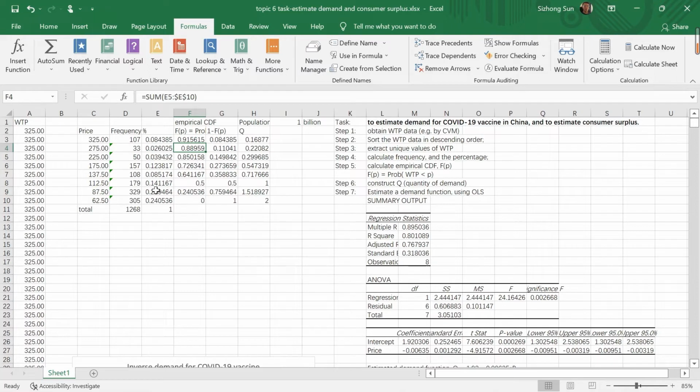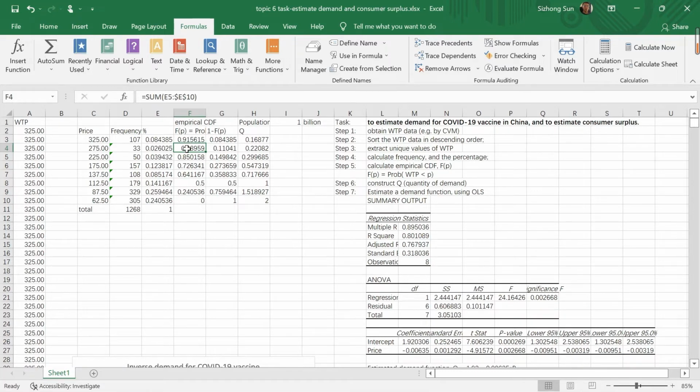For example, say I want to calculate the probability of willingness to pay less than 325. This is the share of people who report they are willing to pay 275, 225, 175, 137, 112, 87.5, 62.5.